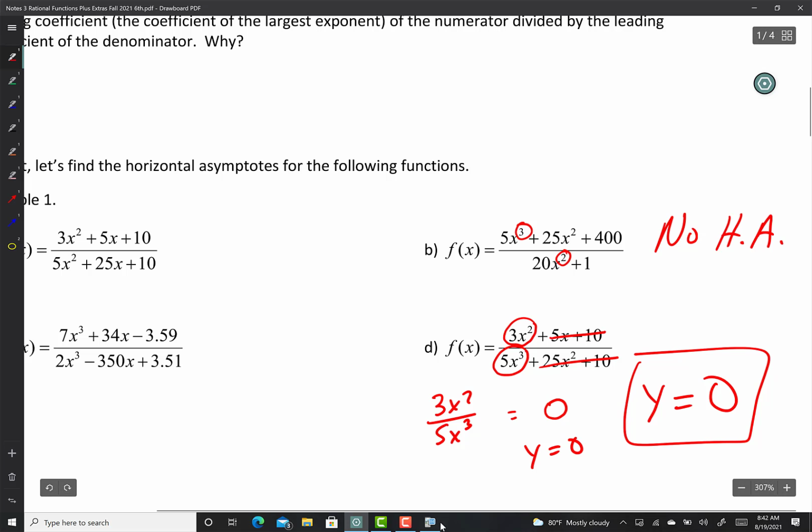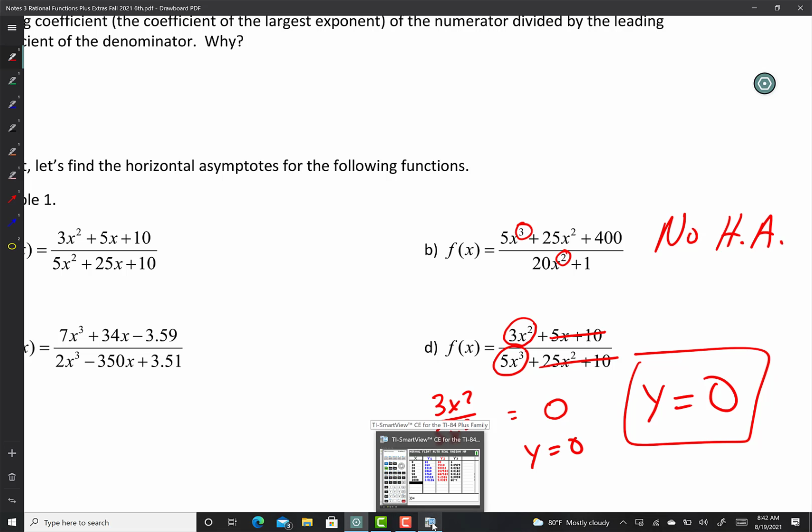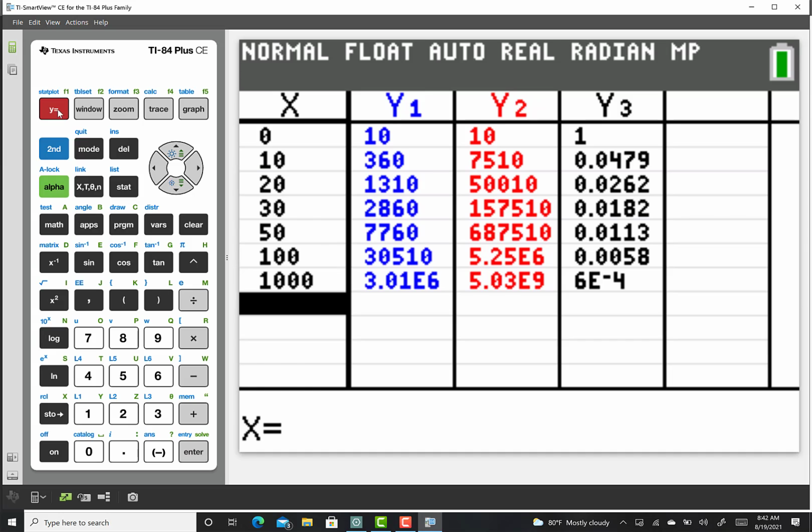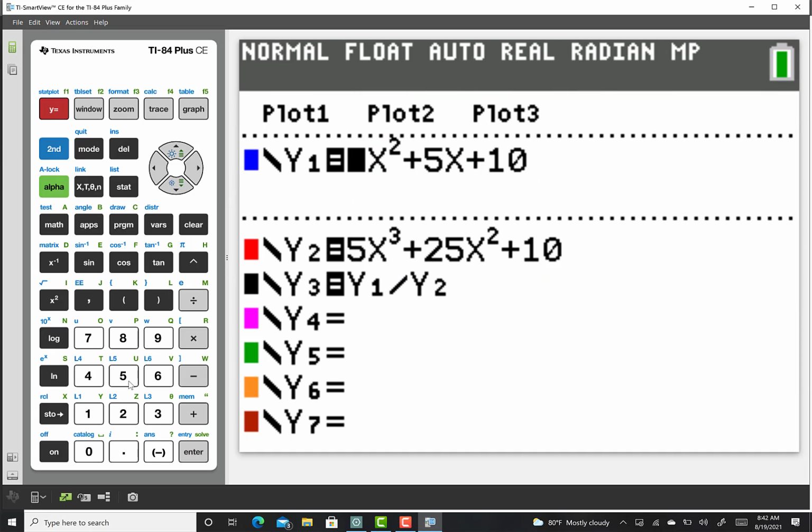So if I were to type that into my calculator, 5x cubed plus 25x squared plus 400.